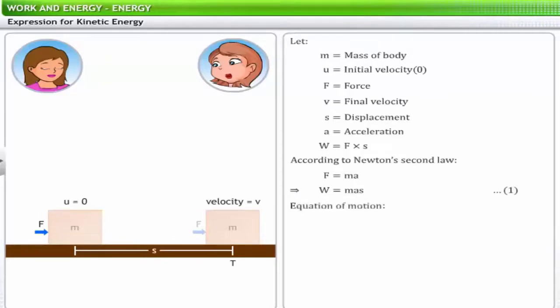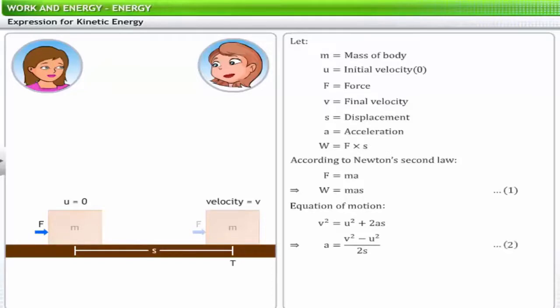According to equations of motion, for a body in linear motion, the relation between initial velocity u, final velocity v, acceleration a, and the displacement of a body s is given as v square is equal to u square plus twice the product of a and s. Thus, acceleration a is equal to v square minus u square divided by twice s.